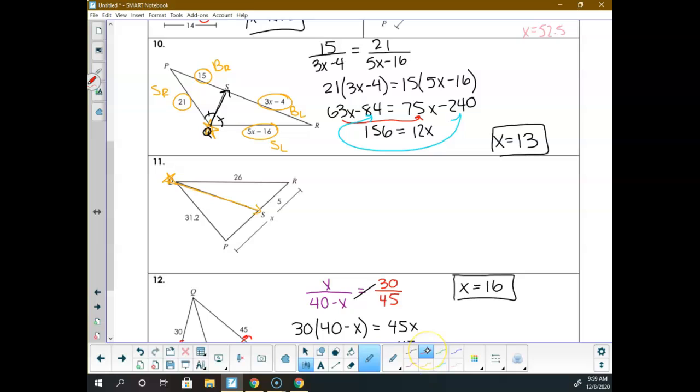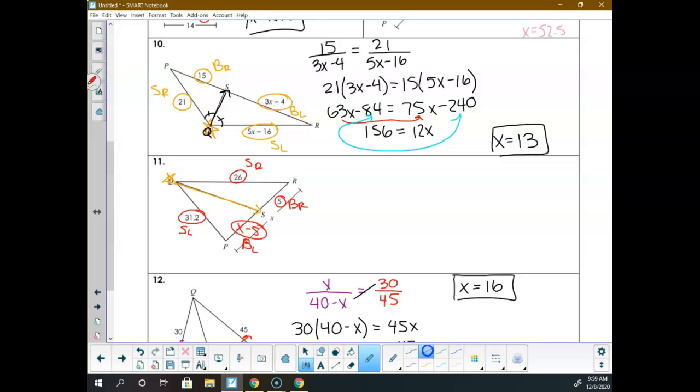So, bottom right is 5, side right is 26, side left is 31.2. Now, this bottom left part here is going to be x minus 5, okay?